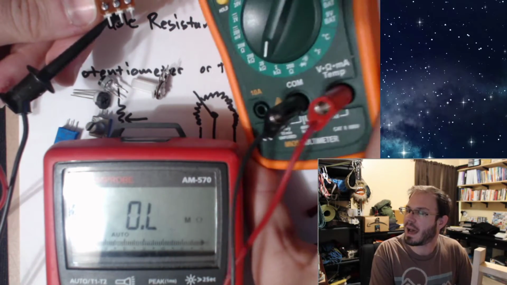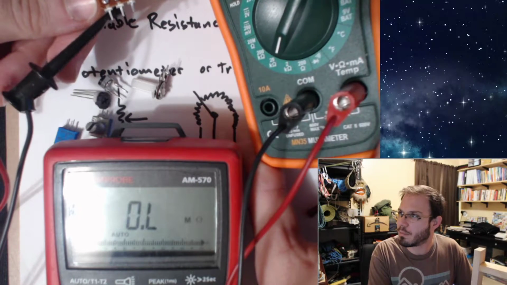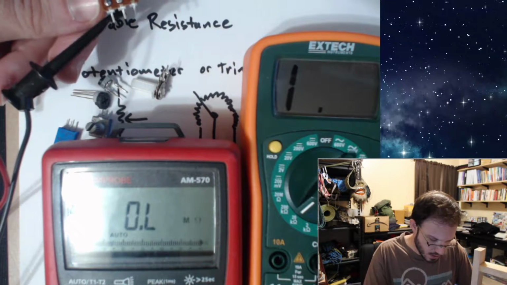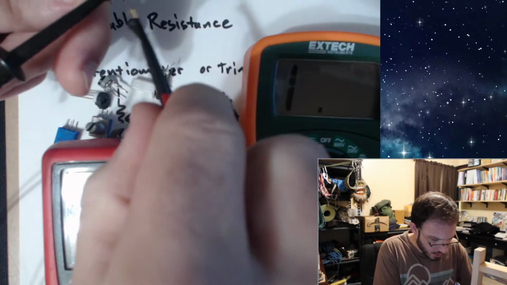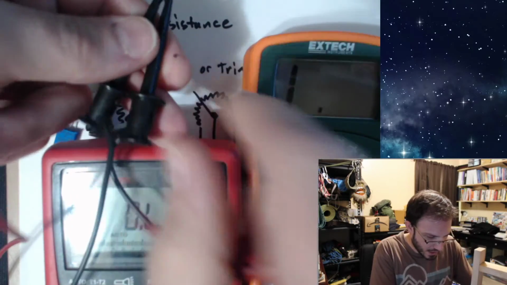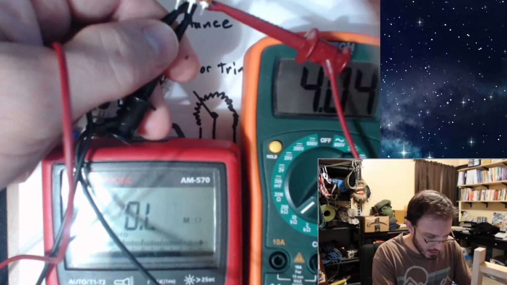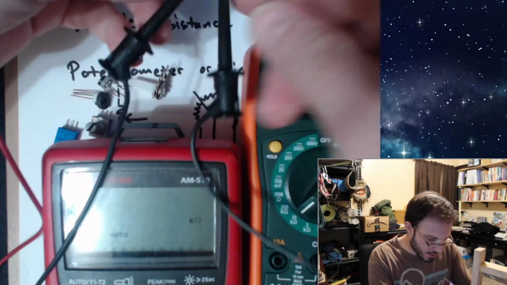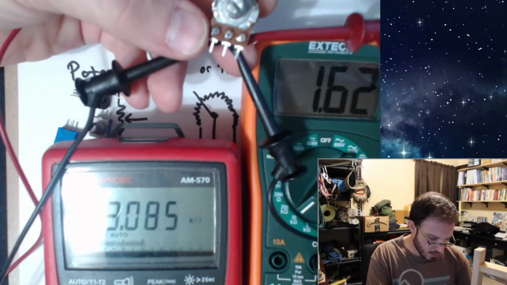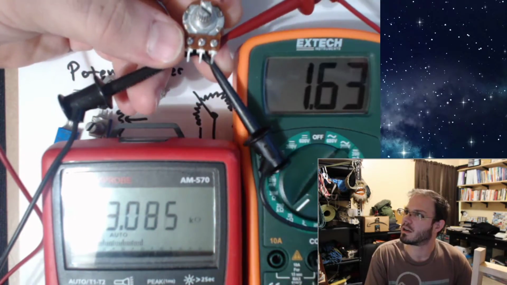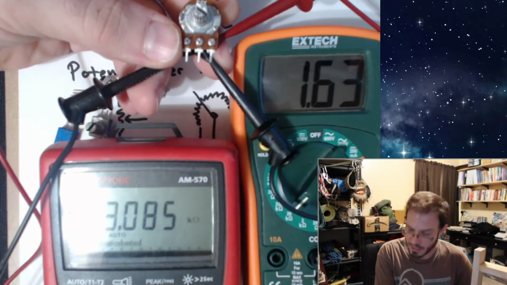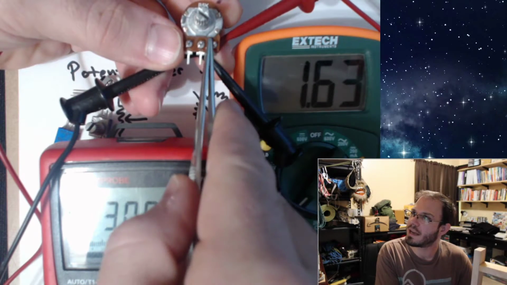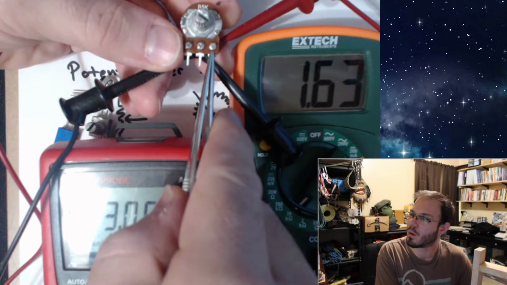You can pick these up in a pack of 10 of them for cheaper ones on Amazon. And let's connect both of the black side of the probes to the center pin, and let's put the reds on the outer. And I should have it such that the multimeter on the left is reading between the center pin and the far left, while the multimeter on the right is reading between the center pin and the far right one.